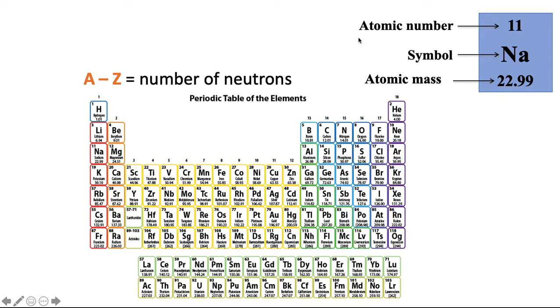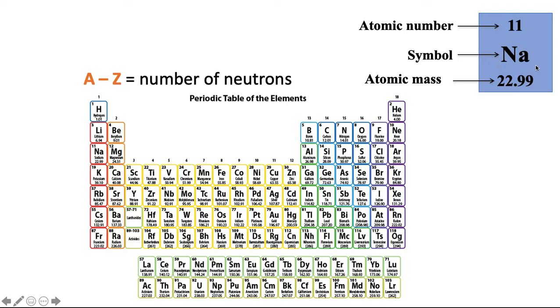Remember that every element that appears in the periodic table the way it is, sodium for example, if they appear in the elemental form, they don't have a charge. The charge is 0, which means, where does a charge come from? Well, I have positive charges and negative charges. My positive charges are protons, negative charges are called electrons.